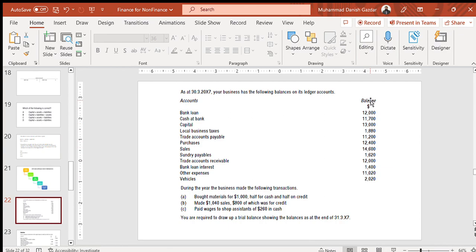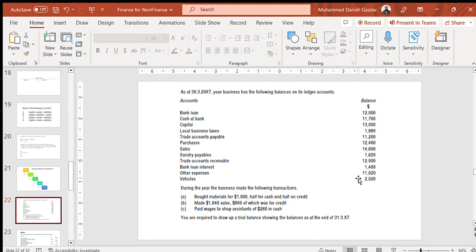These are not presented as debit and credit, so first you need to present these balances as debit or credit. A hint: cash is an asset account, so it would be on the debit side. Capital is a credit nature account, so it would go on the credit side. In this manner you need to draw up a trial balance.